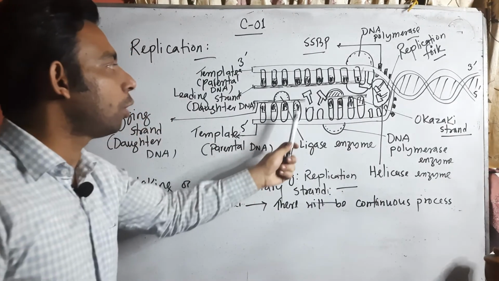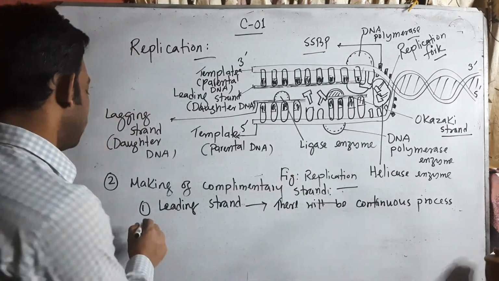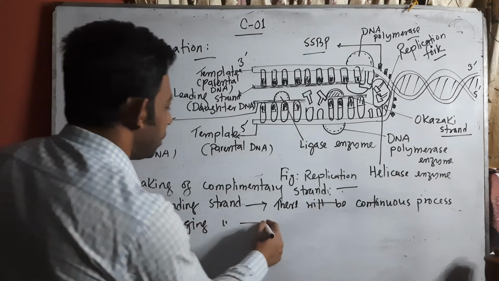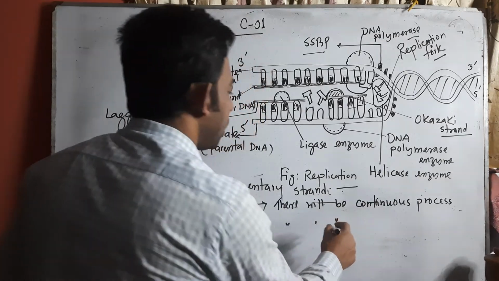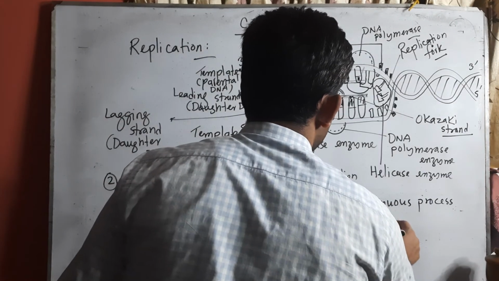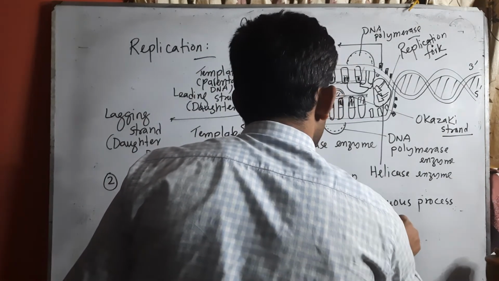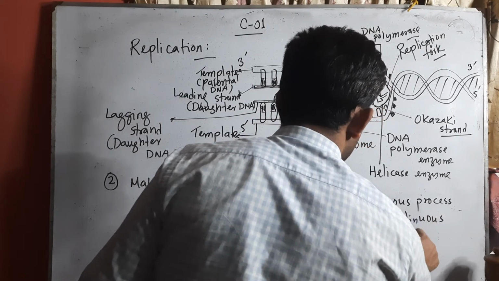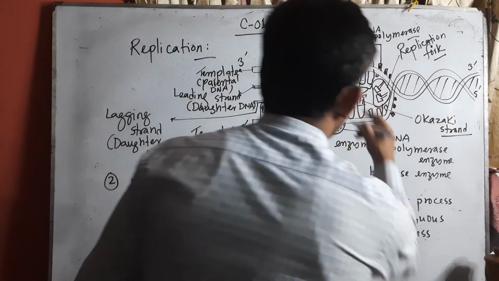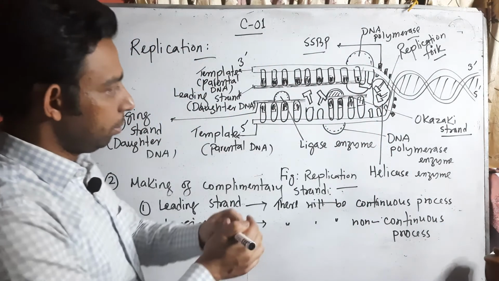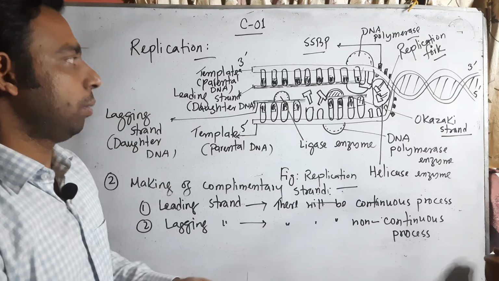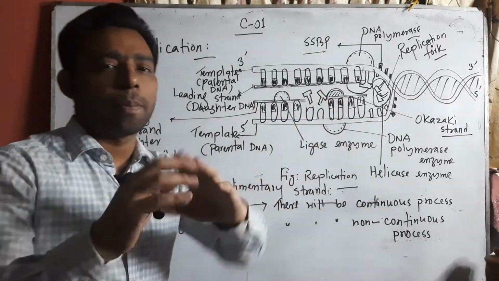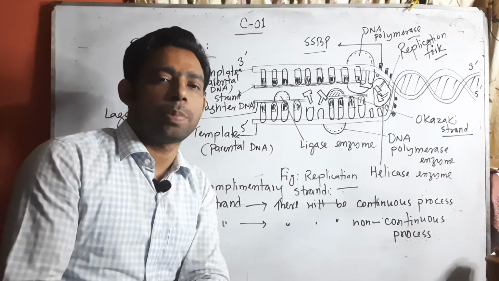But in the case of the lagging strand, there will be a non-continuous process. That means sometimes the process of making those specific parts does not have continuity, and we have seen some part is detached, not forming the 100% photocopy.